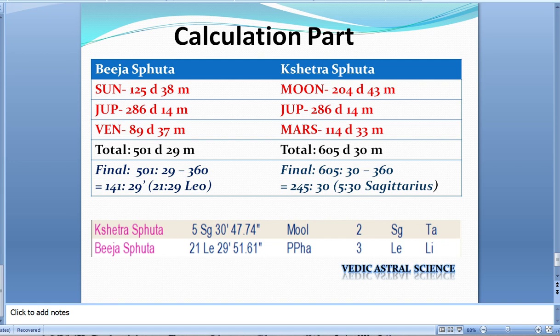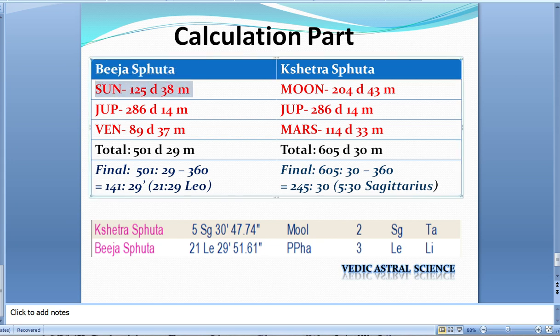The Sun has traversed through 4 signs up to sign Cancer, so that is 4 multiplied by 30 equals 120 degrees up to sign Cancer, plus 5 degrees and 38 minutes of Leo. So the final longitude of the Sun is 125 degrees and 38 minutes, which I have mentioned here.